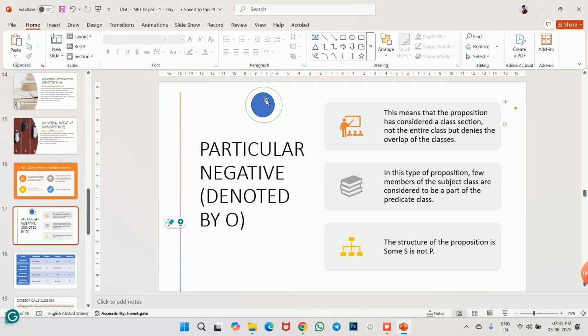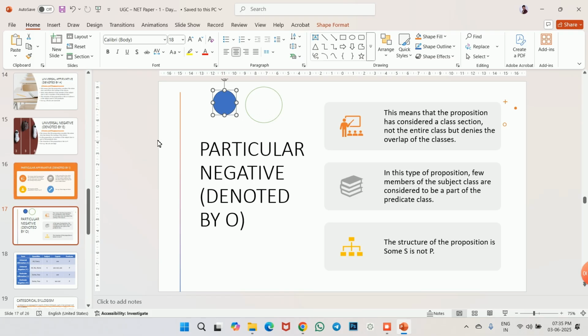This is known as universal affirmative, denoted by A. The inner circle belongs to the outer circle, or it is consumed by the outer circle. As for the universal negative, this is the structure. Both are not intersecting. These two are separate. Let's consider this is cats and this is mammals. So no cats are mammals.